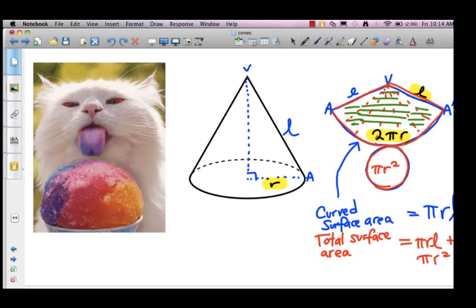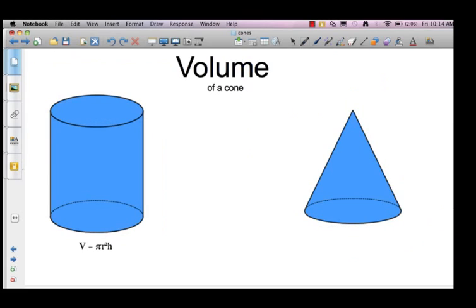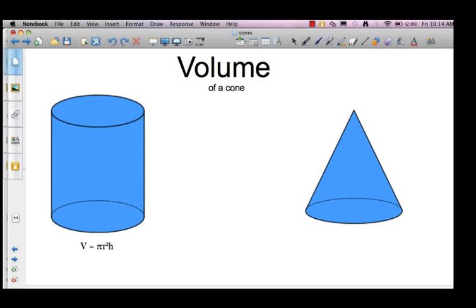Now what we're going to do is take a quick look at the volume of a cone. We know that the volume of a cylinder is pi r squared times the height.